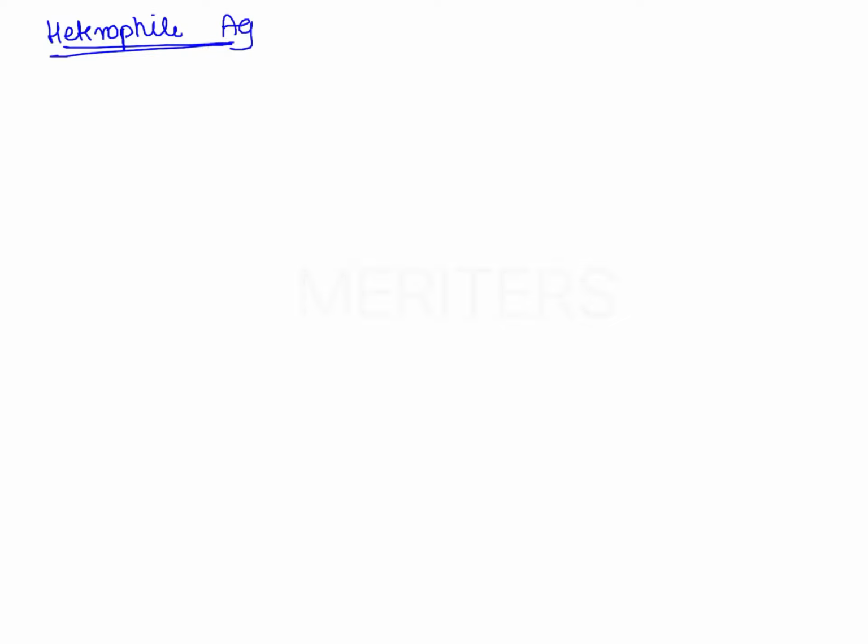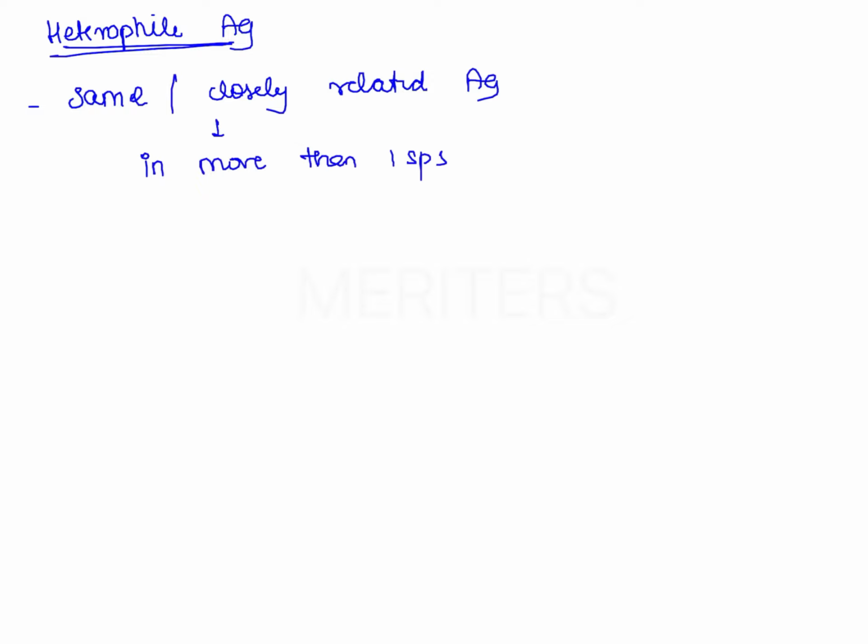So, we should be able to understand the term heterophile antigen. It denotes the same antigen or closely related antigens present in different tissues in more than one species. The most important statement here is that it is present in more than one species.